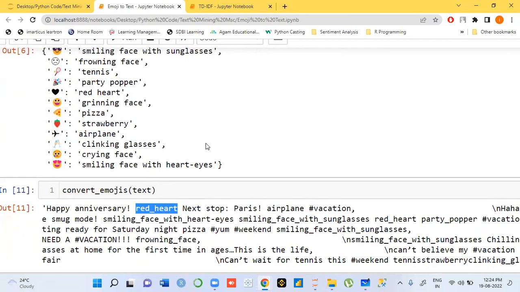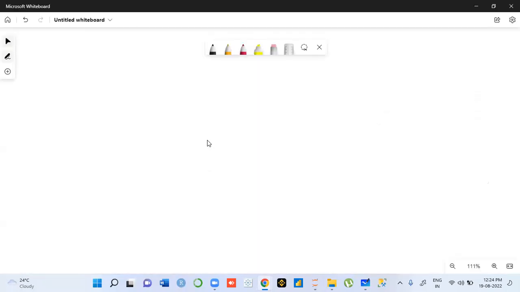Clear? So tomorrow, guys, whenever you receive any data from Twitter or any website or anywhere, point number one, you first receive data. Second, you do data pre-processing, in which lowercase, numbers, special punctuation, stop words, common words, lemmatization, emojis will come, URL, everything.